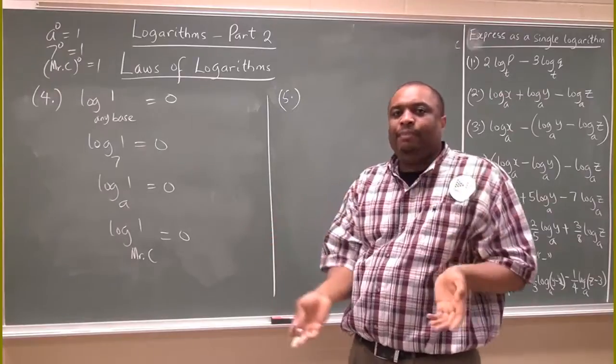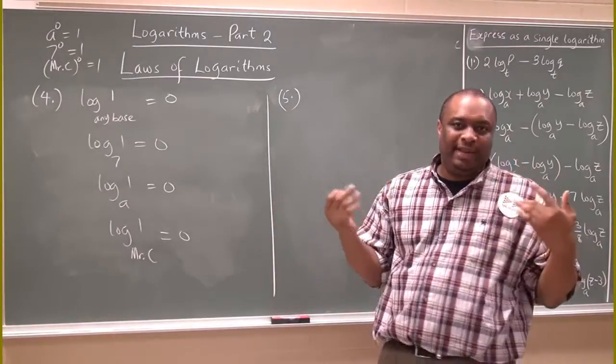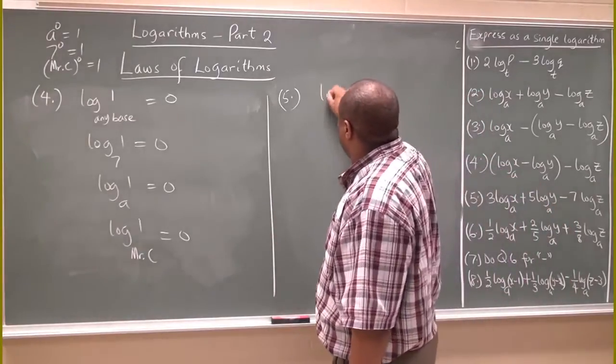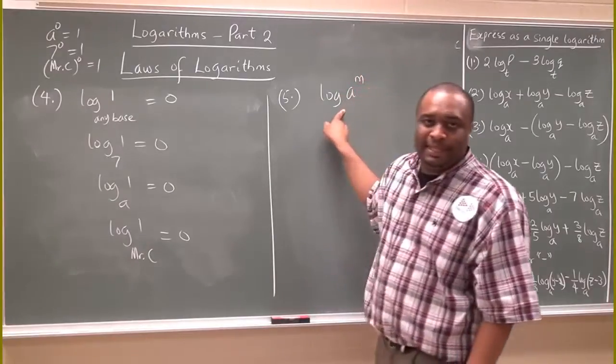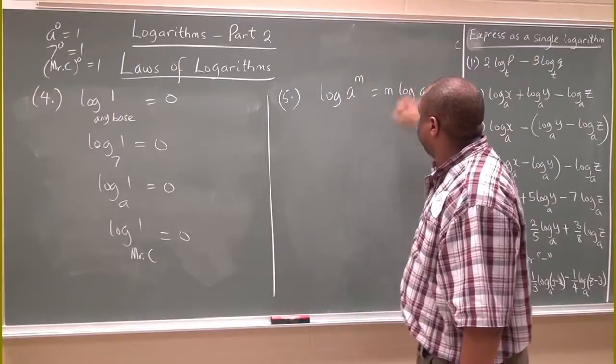We have a base, but we have a number with an exponent, or you can say just log of an exponent. What will it be? If you have log of a raised to power m, with base 10, this means m log a.